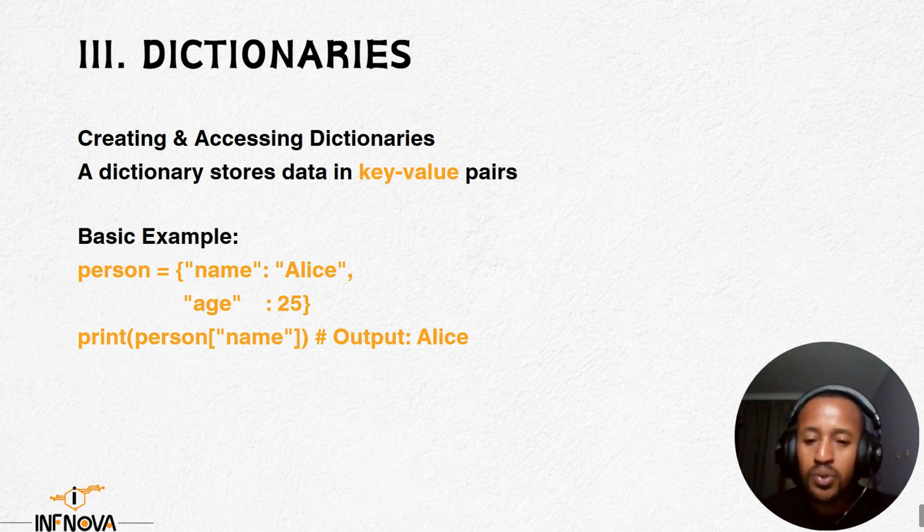To access any of the values in a dictionary, you use the key as an access point. To print out Alice or do manipulations to Alice, you'd call out name. And between the key-value pairs, you put a comma, but not on the last element.